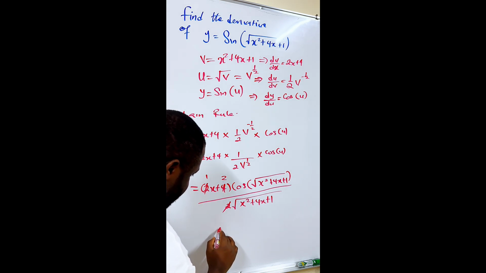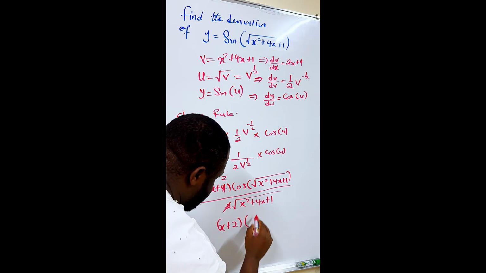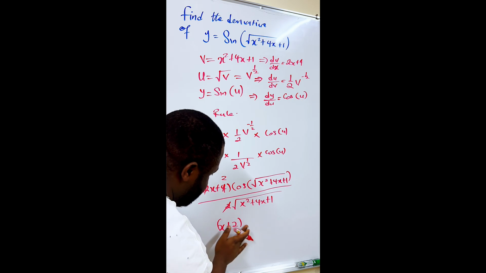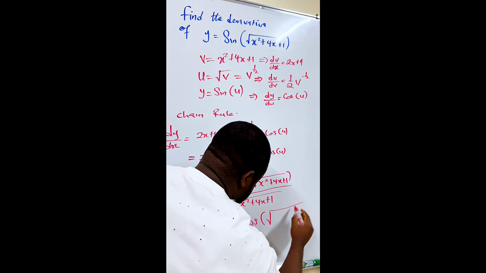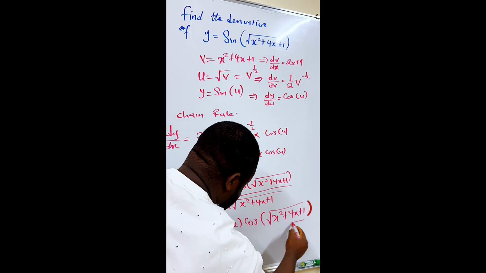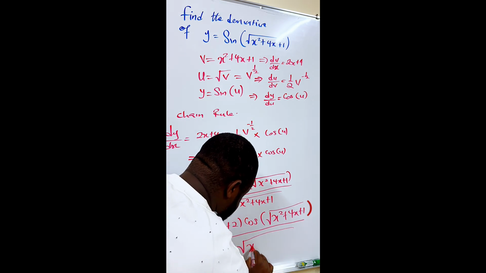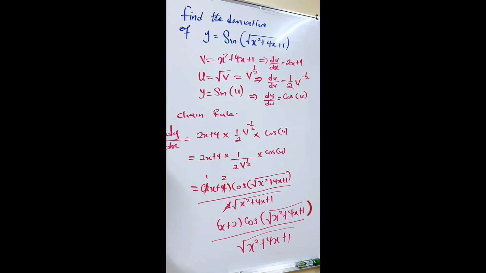So we now have x plus 2, multiplied by cos of the square root of x squared plus 4x plus 1. Then everything over the square root of x squared plus 4x plus 1. And that's how to find the derivative of this function.